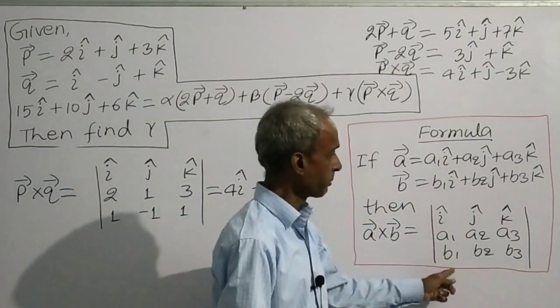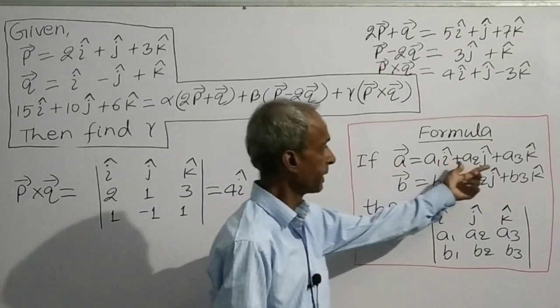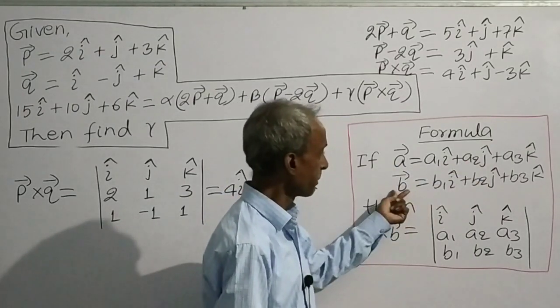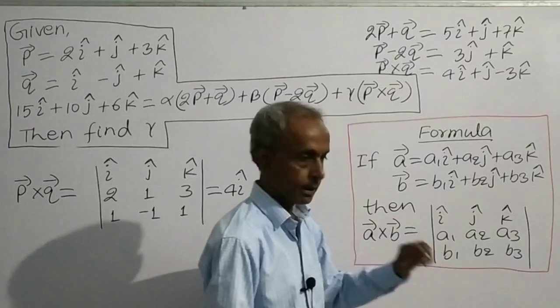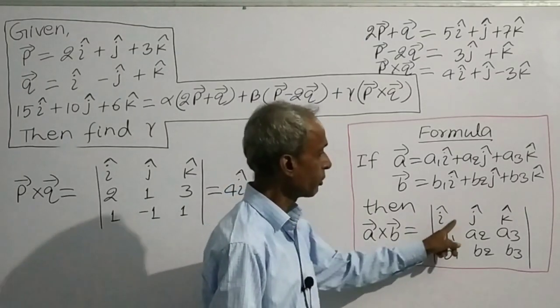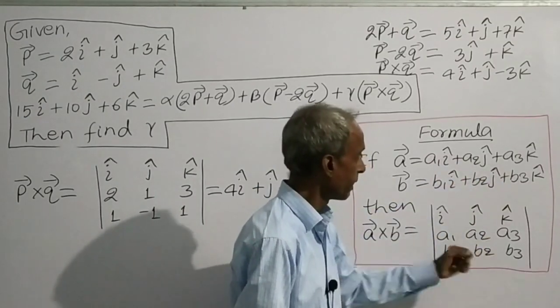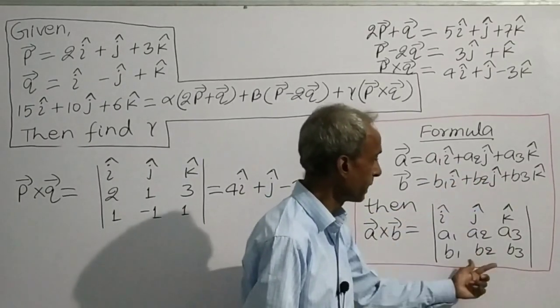This is the formula. If vector A be this, vector B be this, then A cross B is equal to IJK, A1, A2, A3, B1, B2, B3.